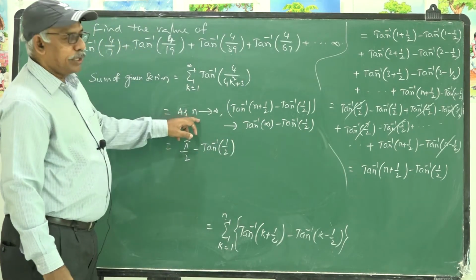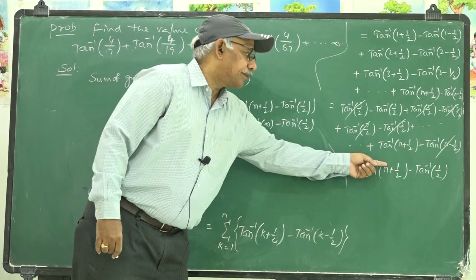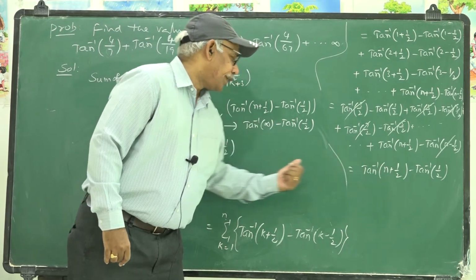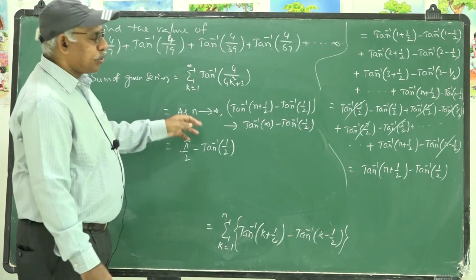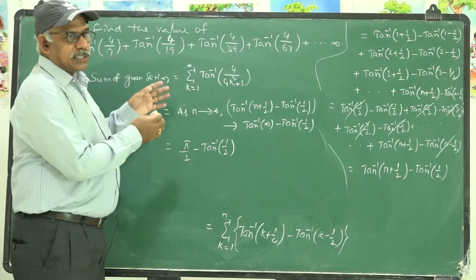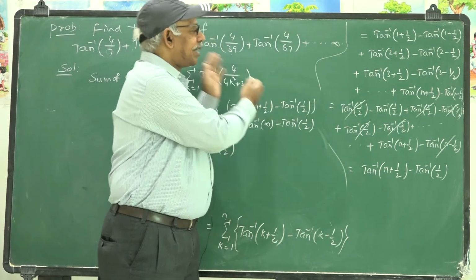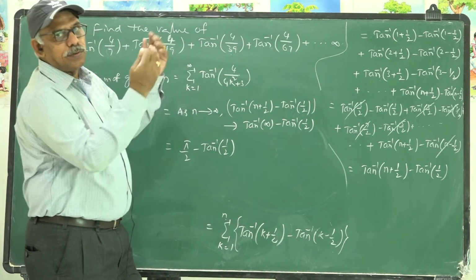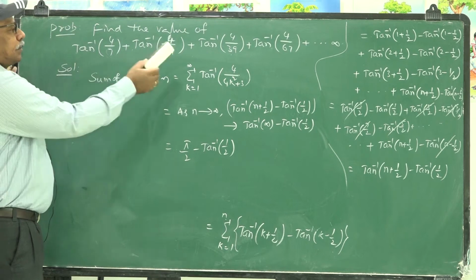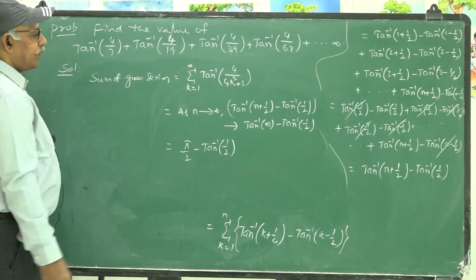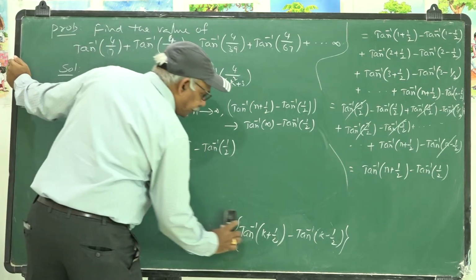As n goes to infinity, the sum of terms goes to infinity, which means the sum of infinite terms of the series. So the required value of the sum of the infinite series is pi by 2 minus tan inverse 1 by 2.